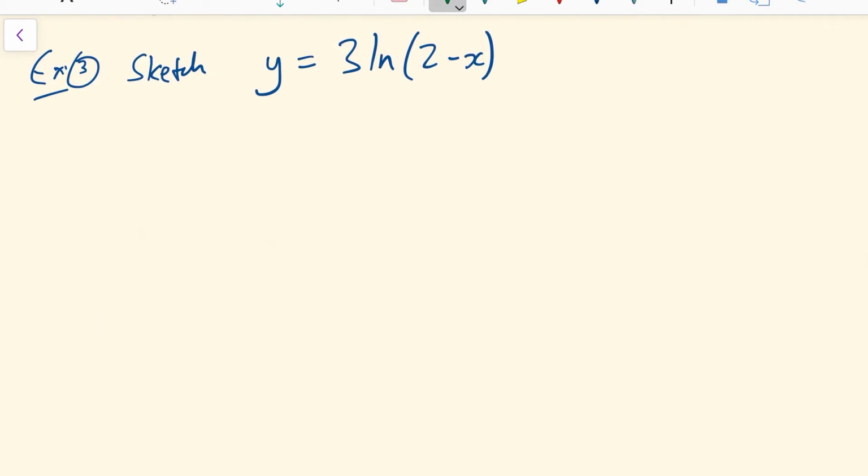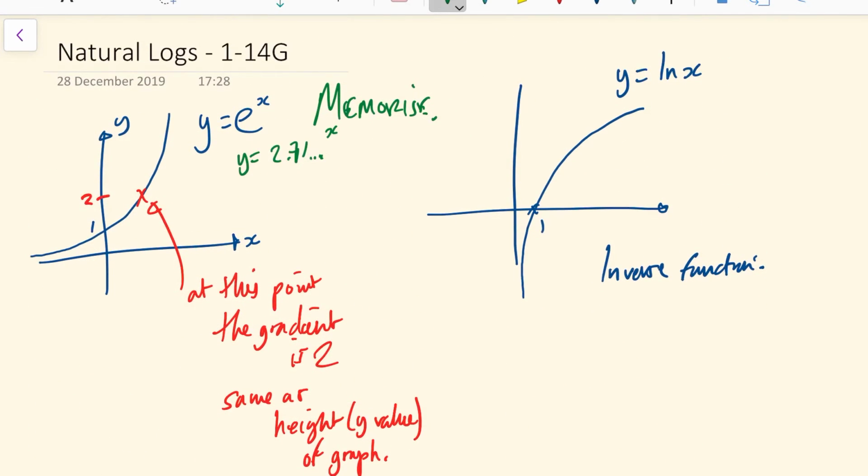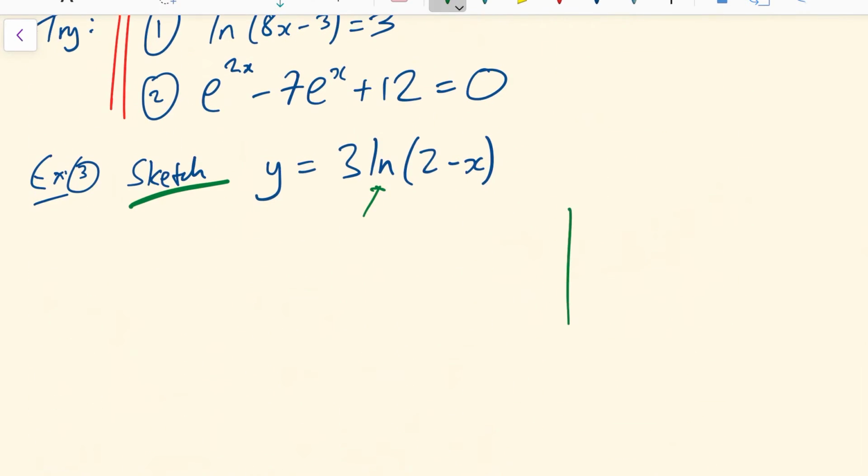Example 3 is a sketching question, and at the moment we can see this has a ln. So we need to go back to how we started the video, all the way up here, and we need to look at our memorized ln x graph. Now our ln x graph, just to jot it out again, looks like so.